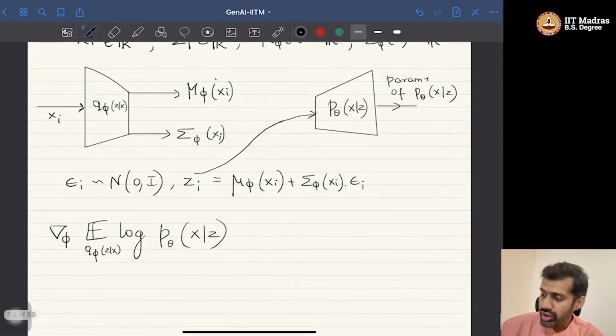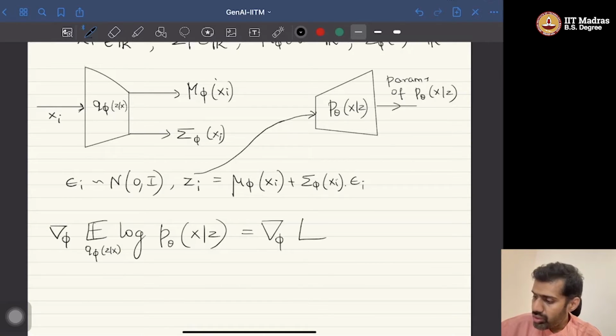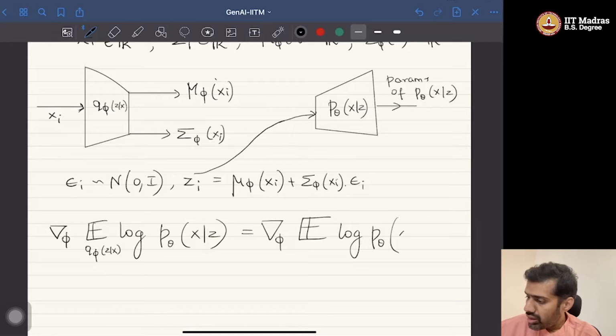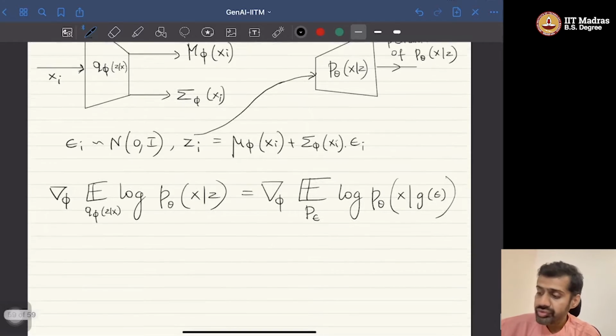Now with reparameterization, we have written this gradient with respect to the expectation of log of p theta of x given z. So now what is z here? Z is g times epsilon. This is the reparameterization that we have done, and this expectation is now with respect to p epsilon.